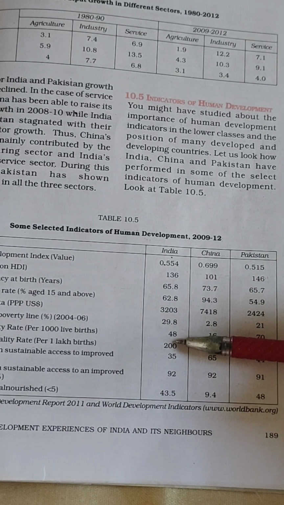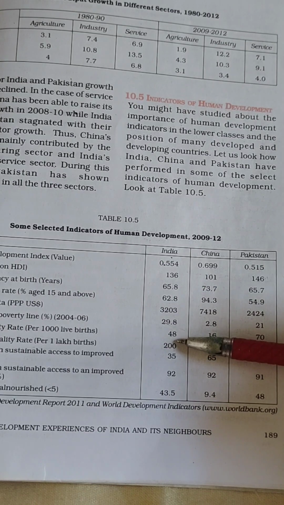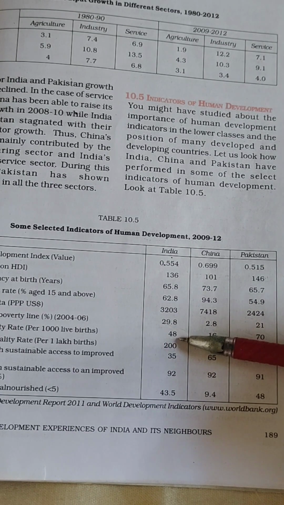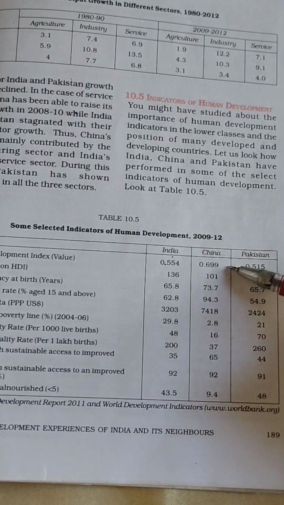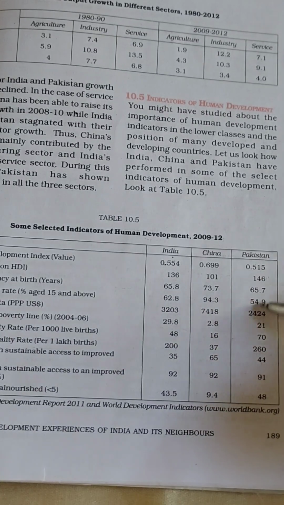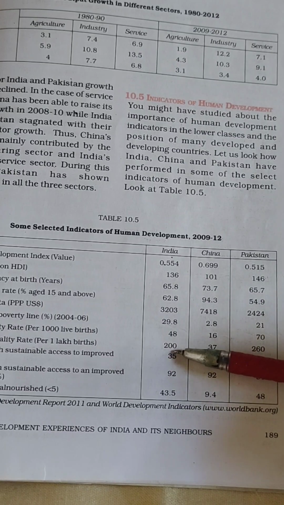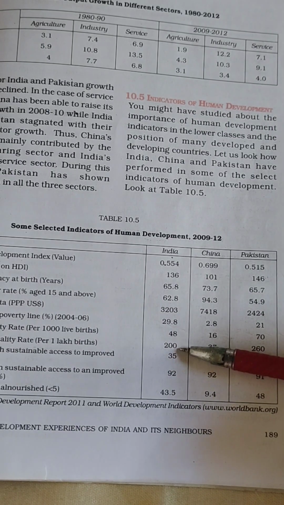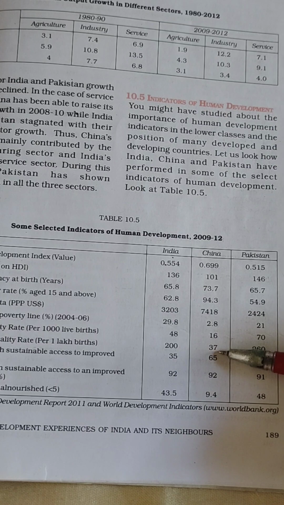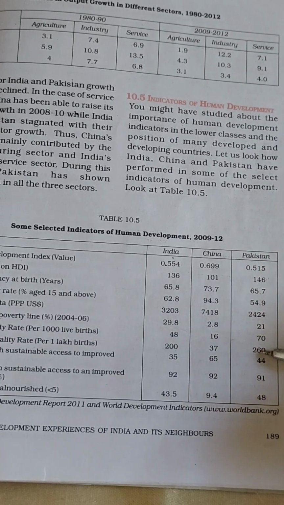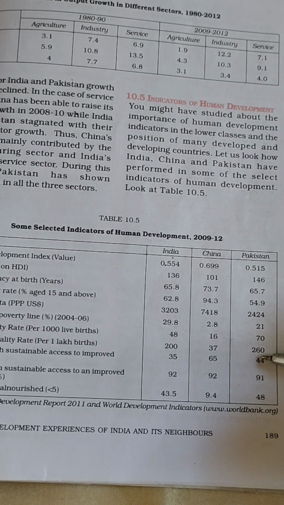Then infant mortality rate, that is per 1,000 live births, is 48 in India, China is 16 and Pakistan as high as 70. Maternal mortality rate is 200 per lakh births in India. In China, it's as low as 37, and in Pakistan, it is 260.